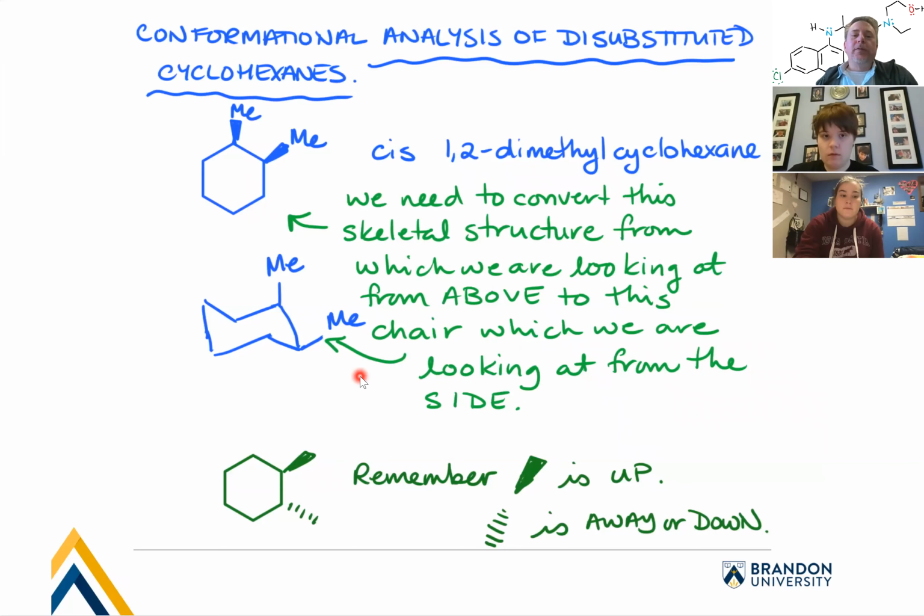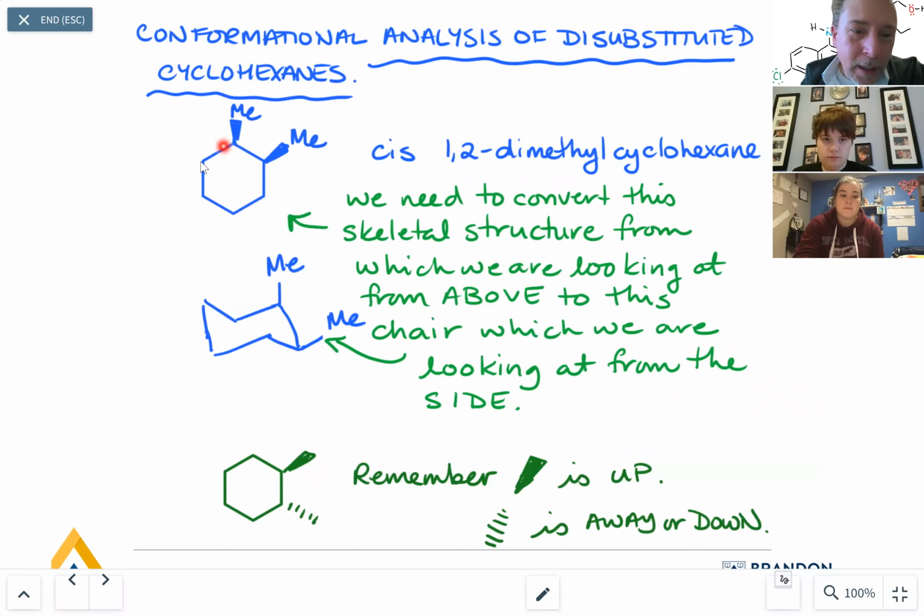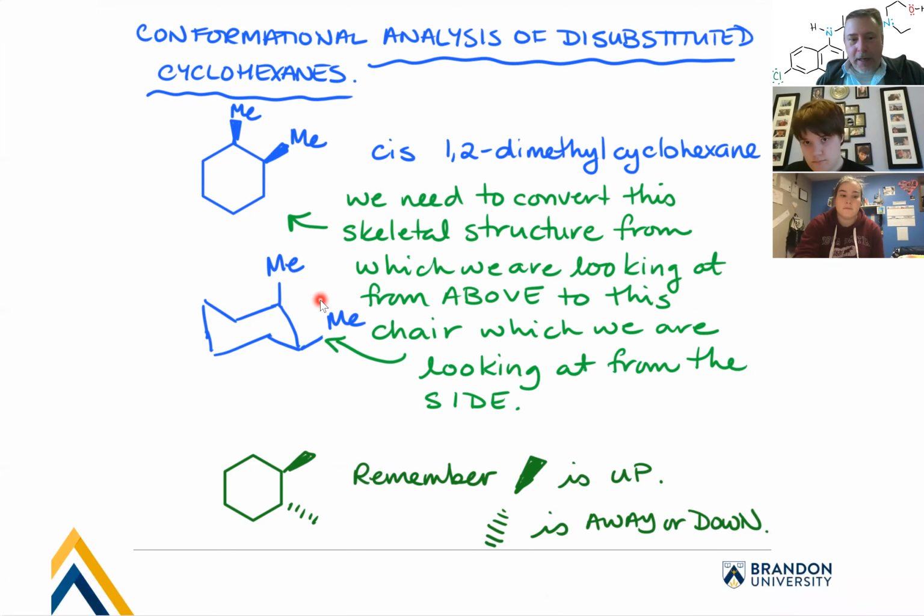But once we have two groups on a ring, then we have to be able to draw the two conformations and see which of the two is the most stable. So in this case, what we also need to be able to do is translate a two-dimensional drawing like we've got here into a three-dimensional chair conformation. And so this is loads of fun.